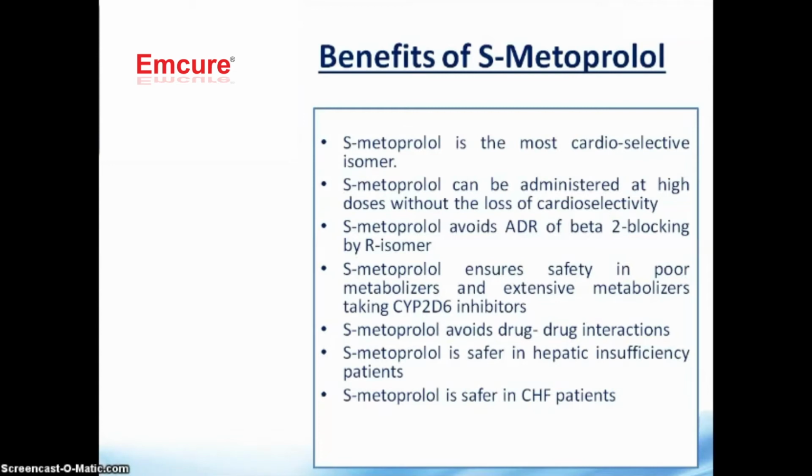It avoids the adverse reactions of beta 2 blocking by the R isomer. It ensures safety in poor metabolizers and in extensive metabolizers who are taking CYP2D6 inhibitors. It avoids drug-drug interactions. It is safe in hepatic insufficiency patients and safe in CHF patients. So these are the advantages offered by S metoprolol.